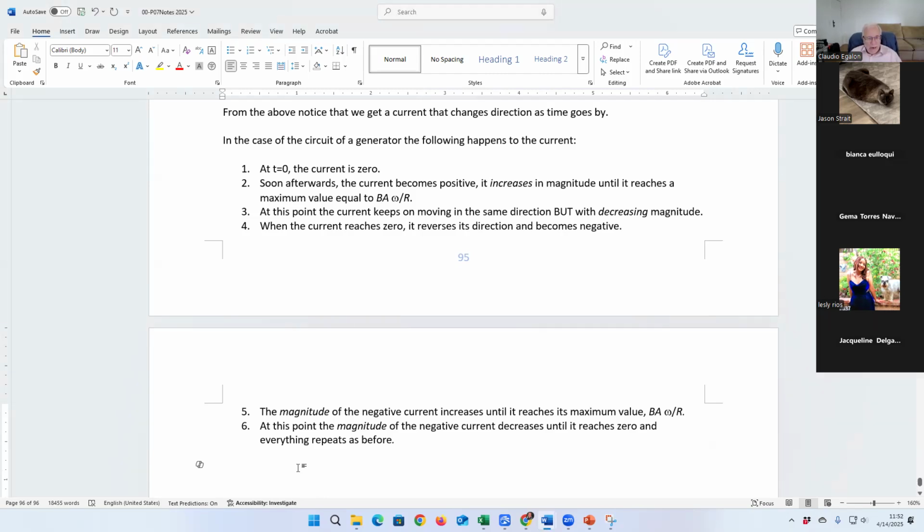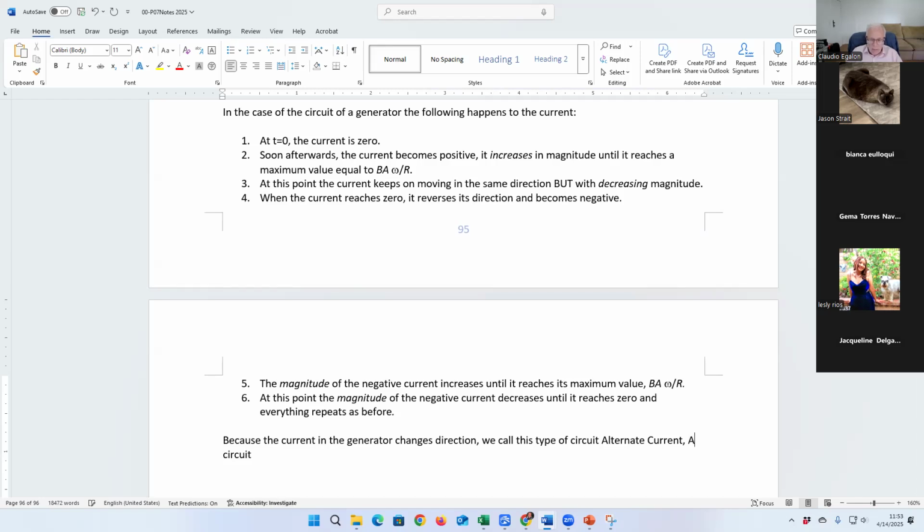And by the way, because the current in the generator changes direction, we call this type of circuit an alternate current circuit, AC. Alternate because the current is changing direction.